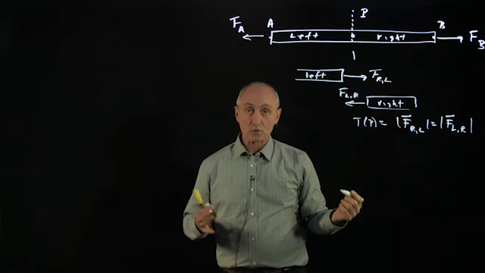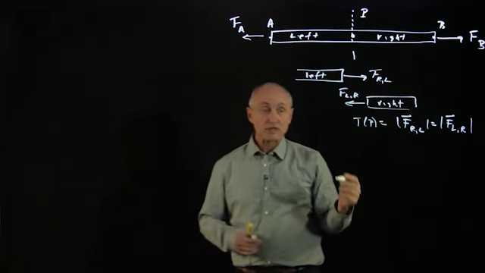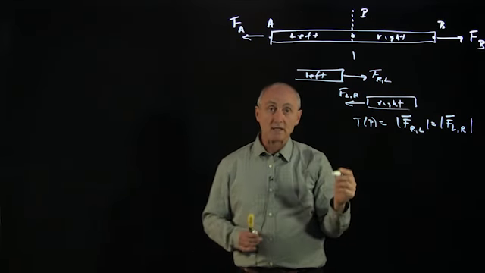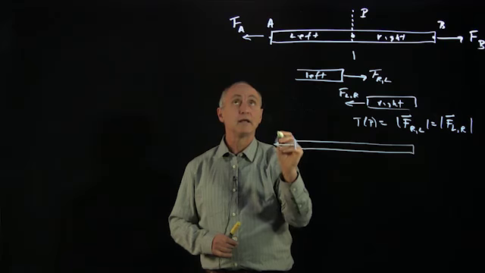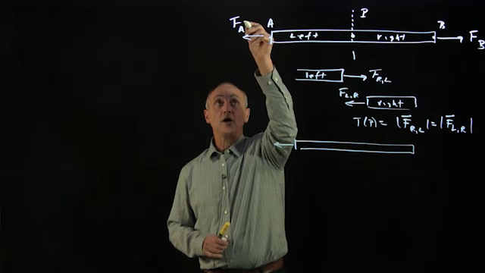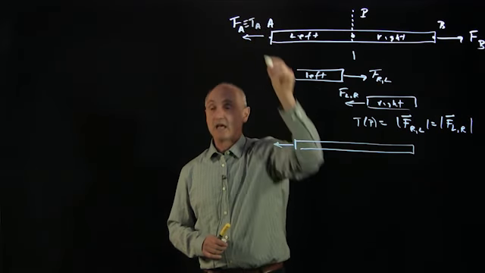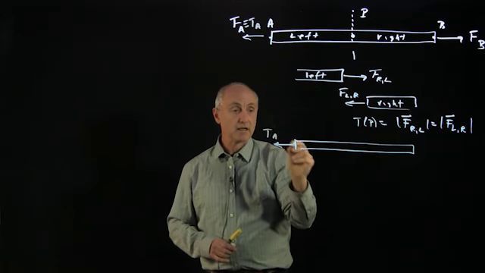And in order to analyze this, we'll apply Newton's second law. So let's begin with the same situation as before. Let's consider a rope where we're pulling this side with a force at the end. By the way, we can call this the tension at that end, T_A.